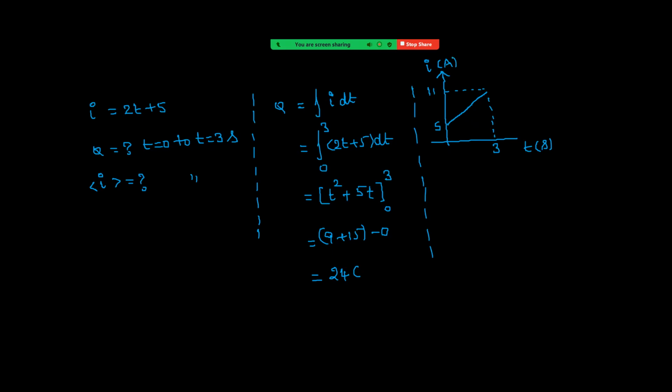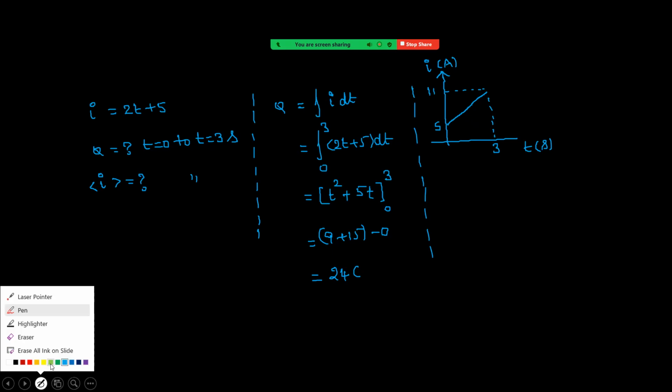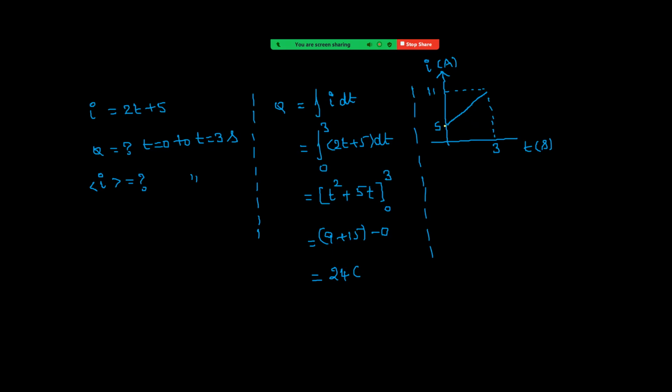So now we have to calculate the area under the graph. We have to calculate now this area, right? This entire area. This can be taken as a combination of a rectangle and a triangle. So area of rectangle is 3 into 5. Area of triangle is half into base into height.